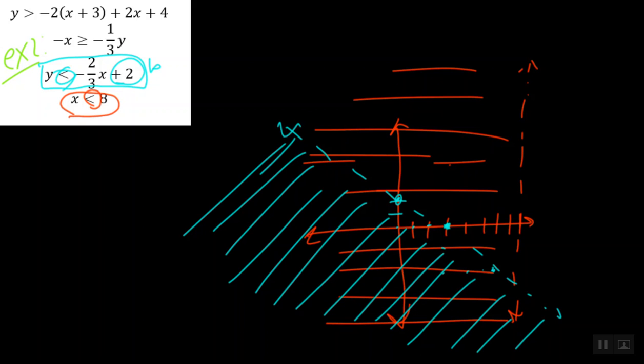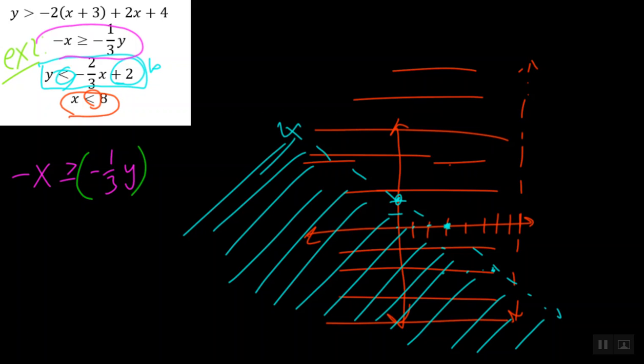Okay, the next one is a little bit more subtle. We have -x is greater than or equal to -1/3 y. We know from our assignments a long time ago, in order to get rid of a fraction, we multiply by the reciprocal.